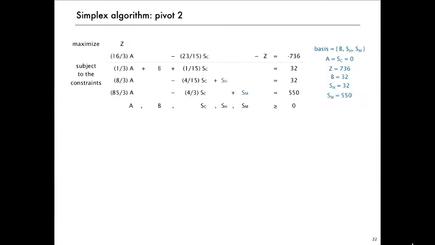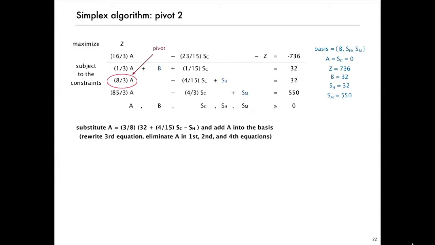So that's the choice of the pivots. Now we're in this situation, and we just do the same thing. We want to look for something that's got a positive coefficient in the objective function, and then do the minimum ratio rule, and that turns out to be that we pivot on column 1, row 2. That's 32 plus 4/15 SC minus SH divided by 8/3, which is 3/8.